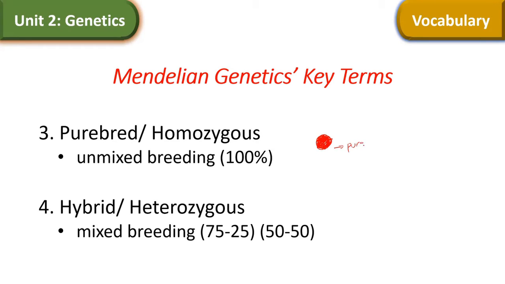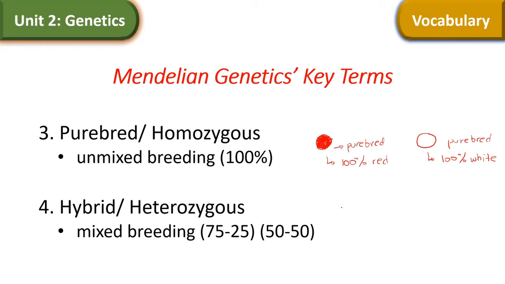This one is purebred, meaning this one is 100% red color. Or if I have here another circle and it's color white, this one is purebred also, or homozygous, or shall we say 100% white. So this is what I mean by purebred or homozygous.